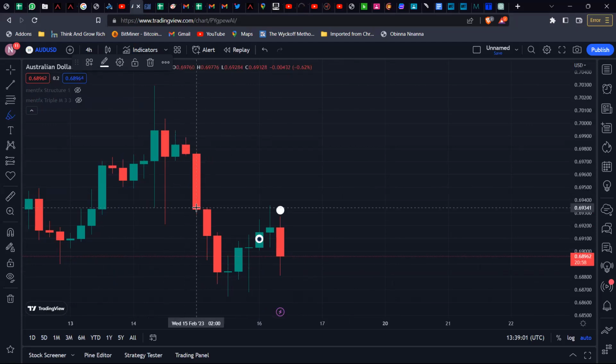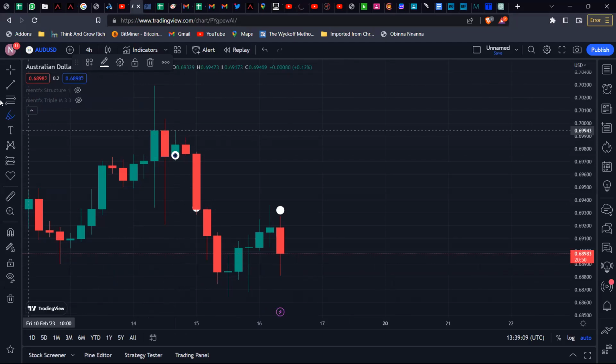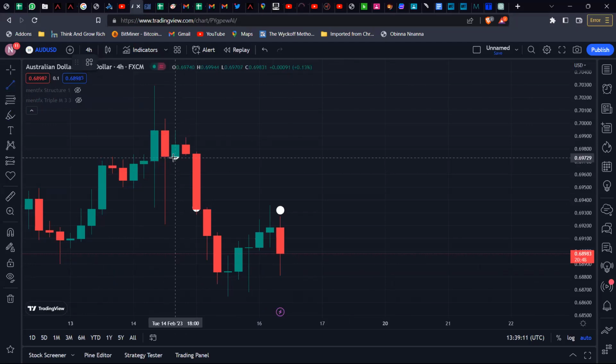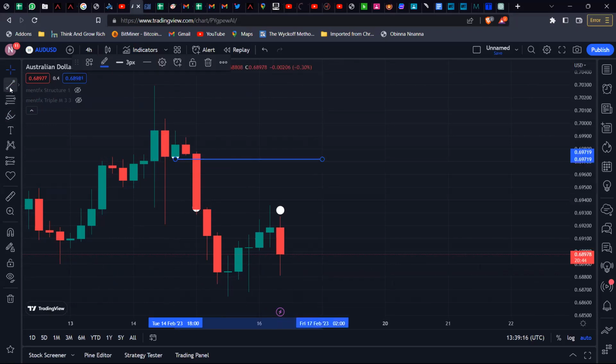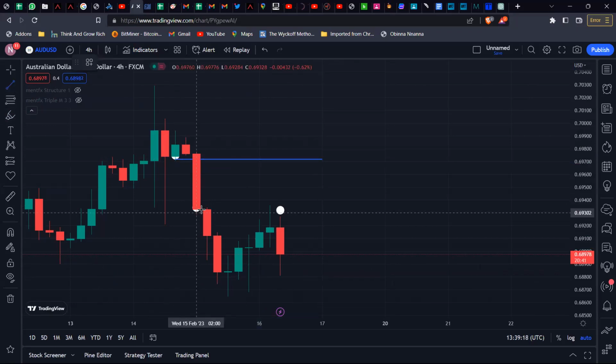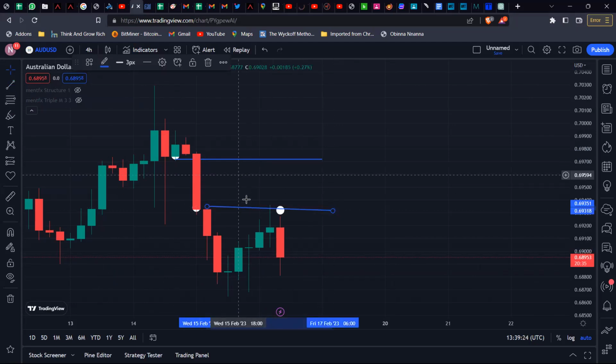But look at this candle and look at this candle, right? There's nothing connecting these two candles, right? Because as you can see, the low of this candle is here, right? And the next candle is here, something like this. Basically, there's no connection, there's a gap, there's an imbalance here, right?